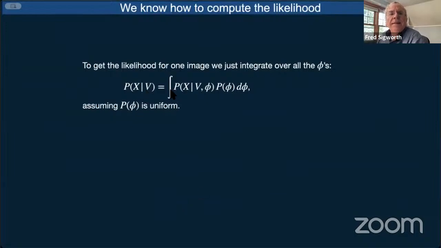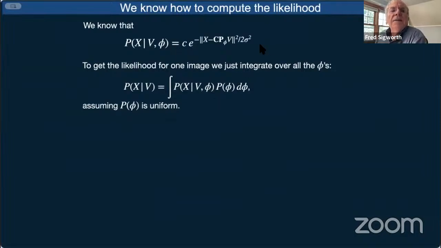So to get the likelihood, we can compute this quantity. This is the probability of getting the image given the volume and the projection angle. And instead of picking the best projection angle, we're going to integrate this over all possible projection angles.